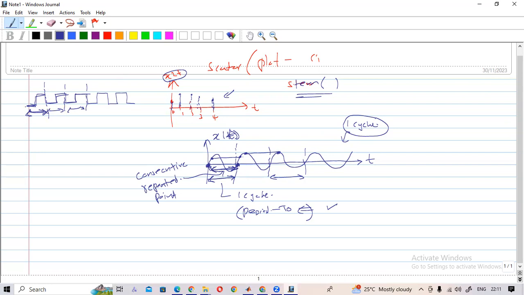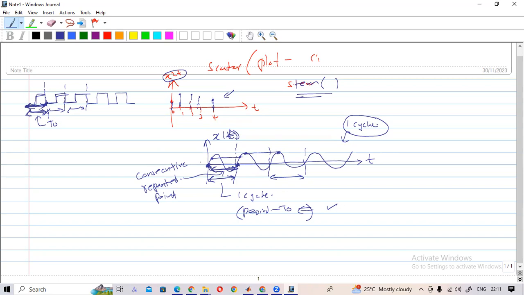If you select this point, it is again repeating here. So this one is one point, and this is the near repeating point. So these are two consecutive repeated points. If you measure the time between these two consecutive repeating points, you can find the period of this pulse train.